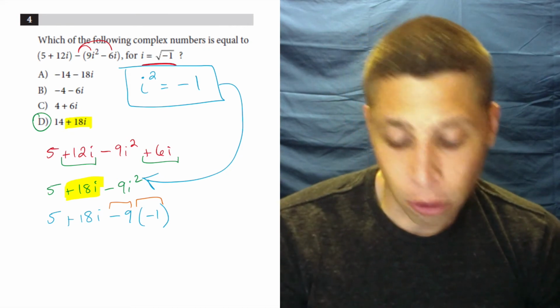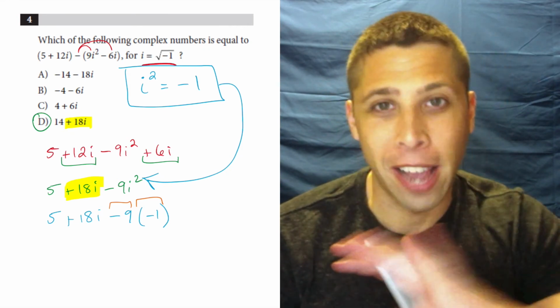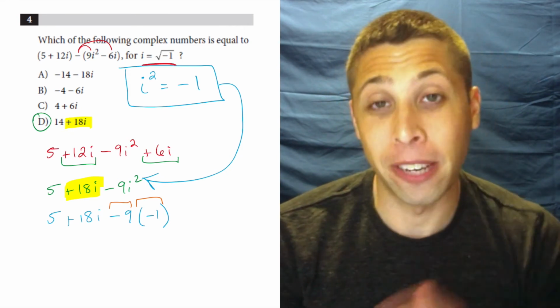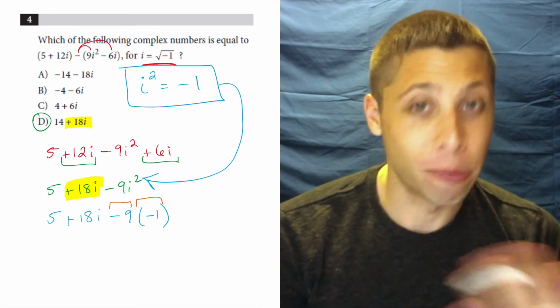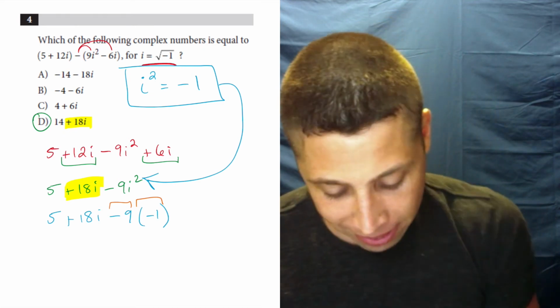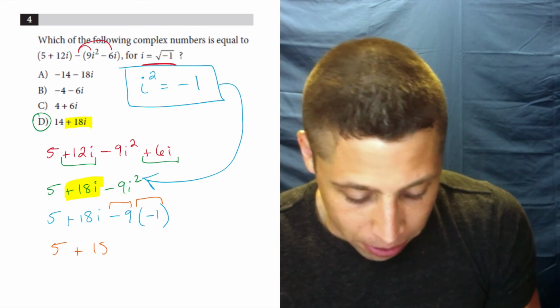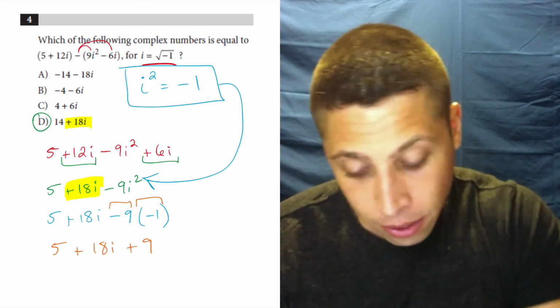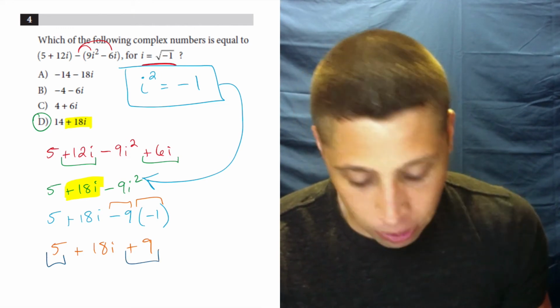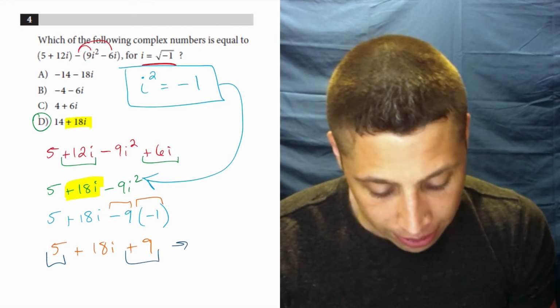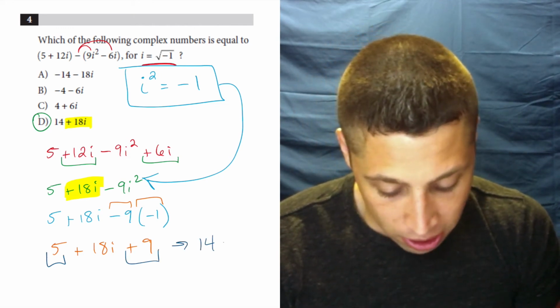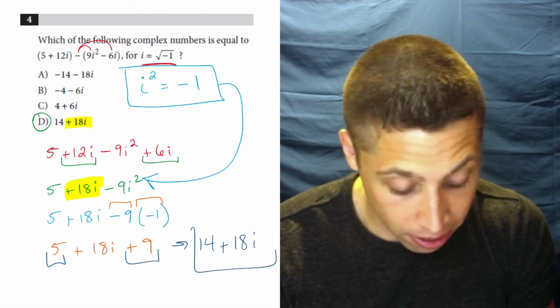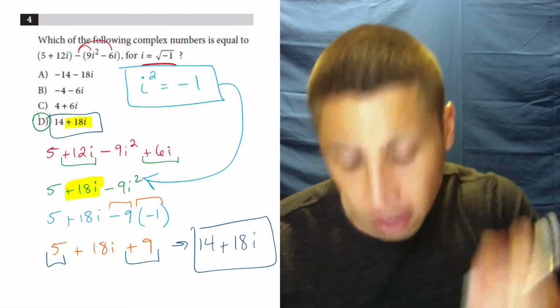But I'm a little nervous because if I look at the choices, everything happens to be the difference between a positive and a negative. So I don't want to lose a negative. So don't skip that step. So now we've got 5 plus 18i plus 9. And once again, we have some like terms that we can combine. And that gets us 14 plus 18i, which was the answer we thought.